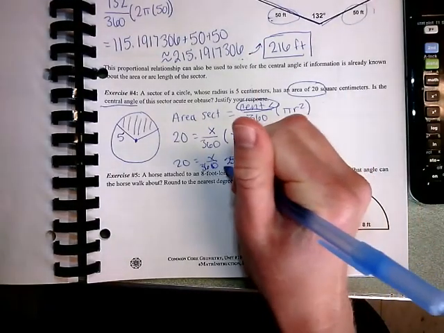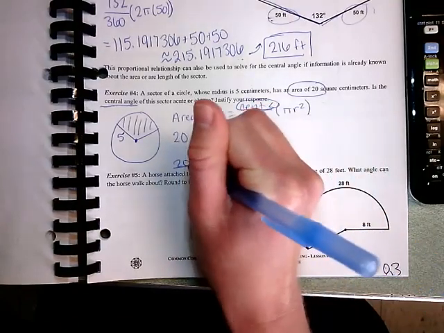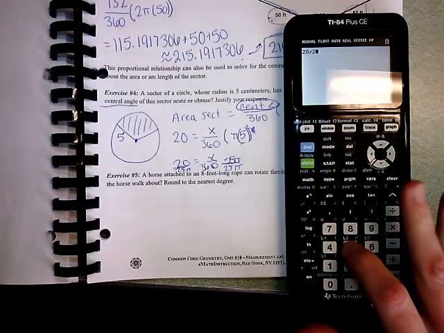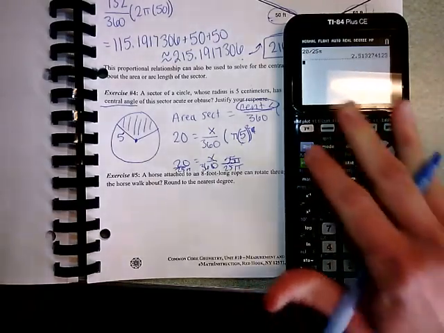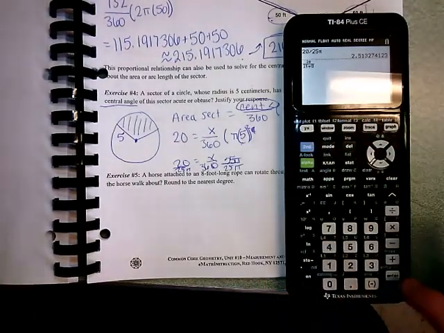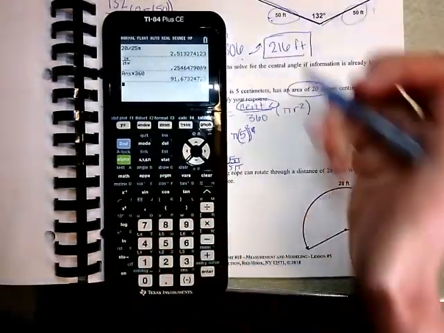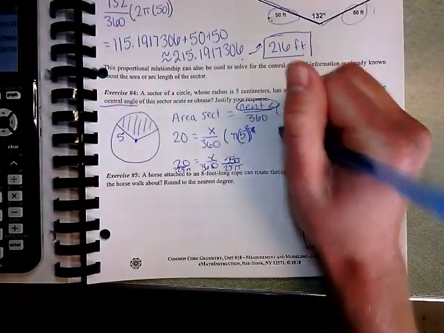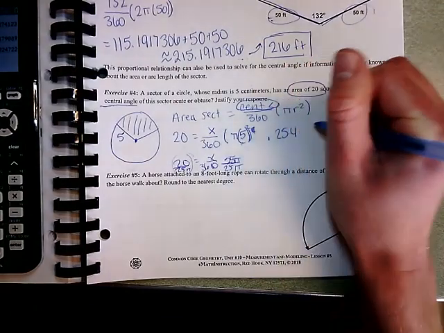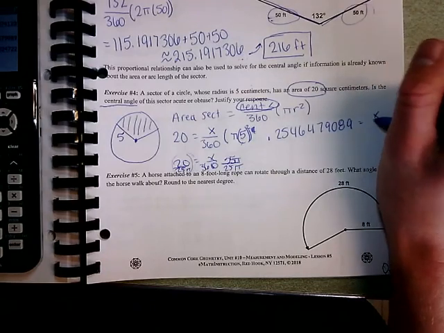Okay, so now, first of all, we divide by 25 pi, both sides. So 20 divided by 25 pi. Be careful of how we put this in our calculators because it's very tricky, okay? So 20 divided by 25 pi is 0.254647989, which is equal to x divided by 360.